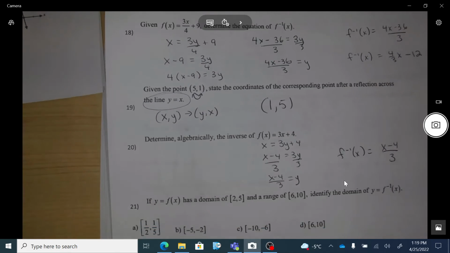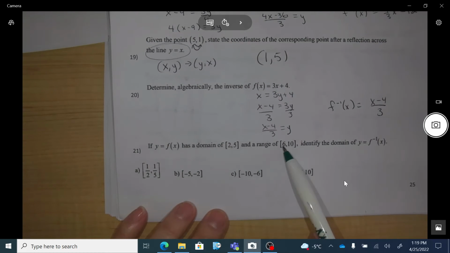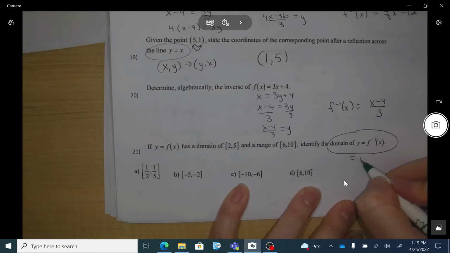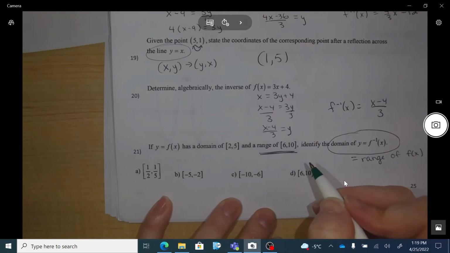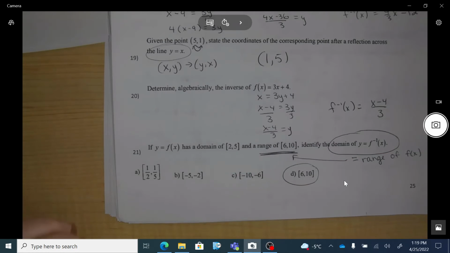Number 21. You have your original function with a domain and a range. Identify the domain of the inverse will equal the range of the original. So I need that as my answer.